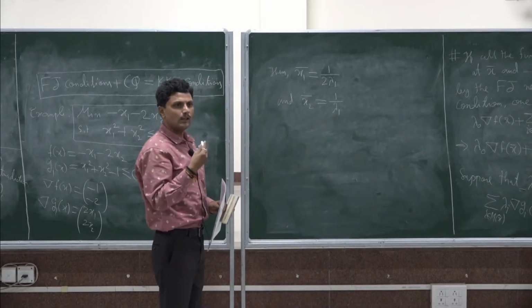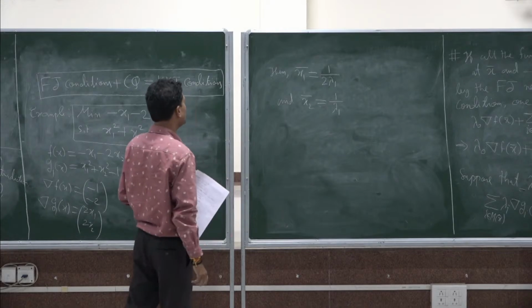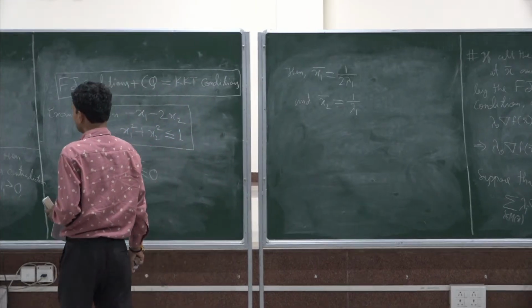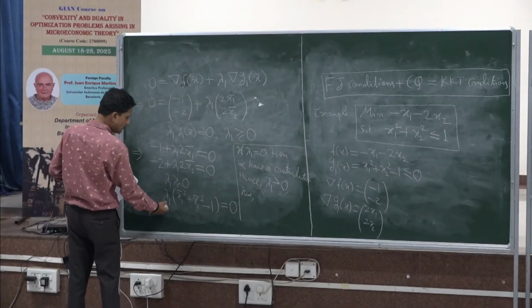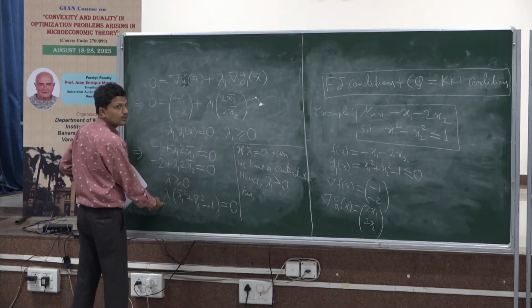So we have values of x1 bar and x2 bar in terms of lambda 1, and this can be applied here because lambda 1 is greater than 0.